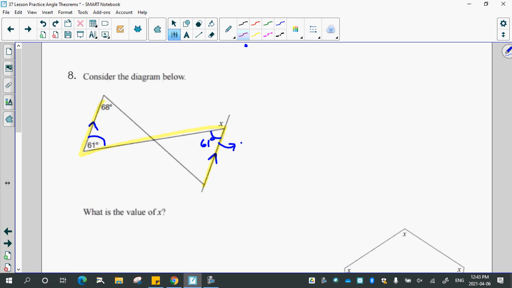Okay, PLTZ. Parallel lines theorem Z makes those equal. And then to get X, I've just got supplementary angles. So X plus 61 ends up being 180. And that's supplementary angles.